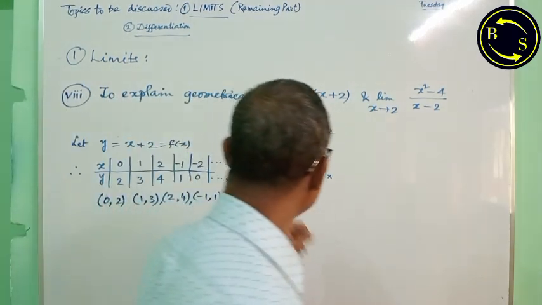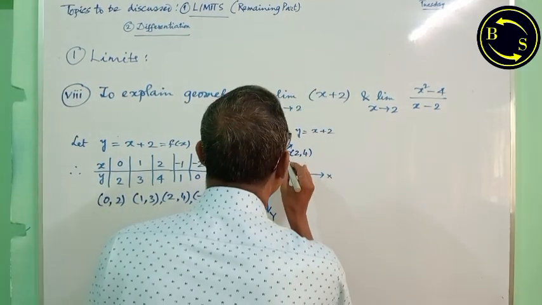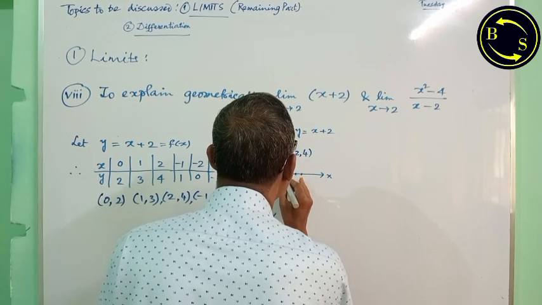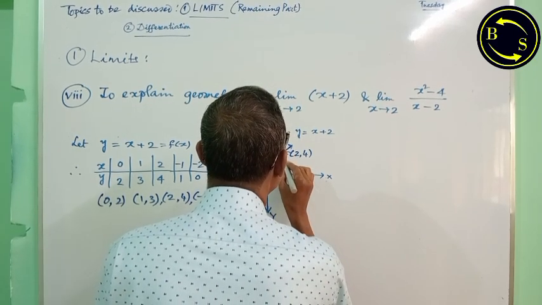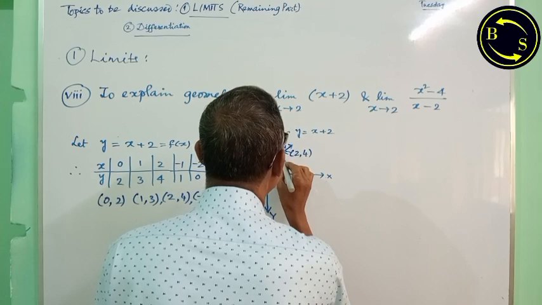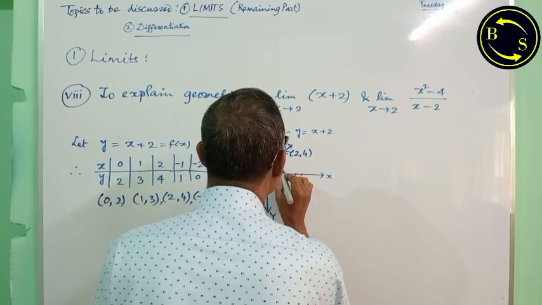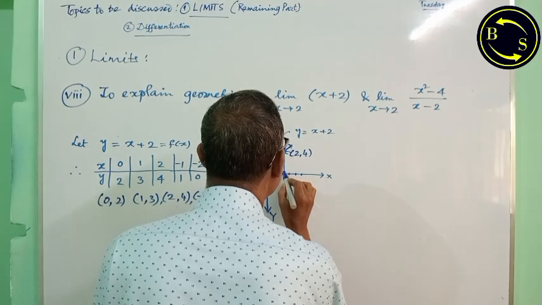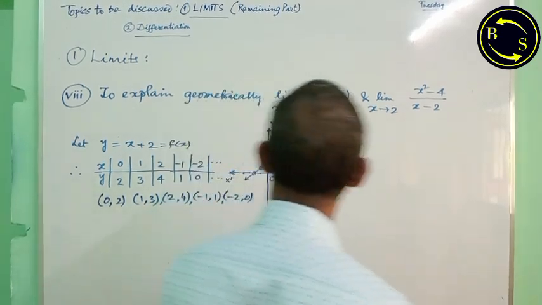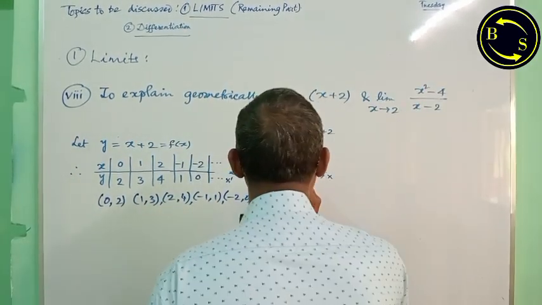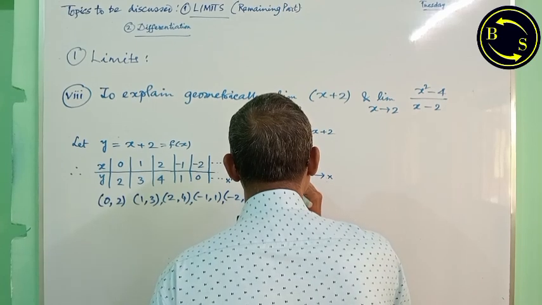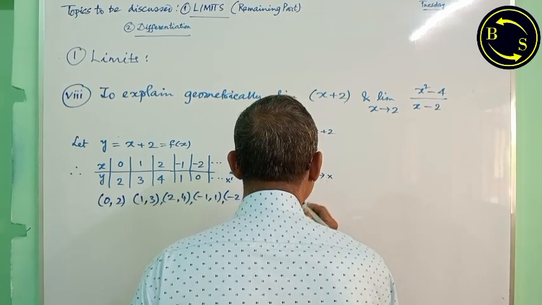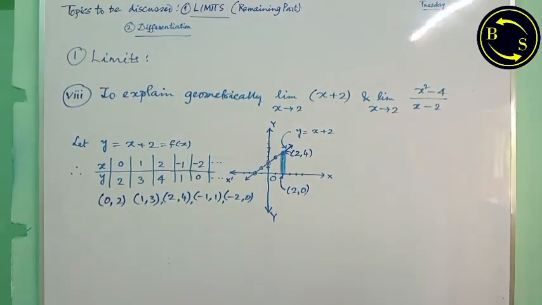Therefore from this graph also we can see, this is the (2, 0) point.